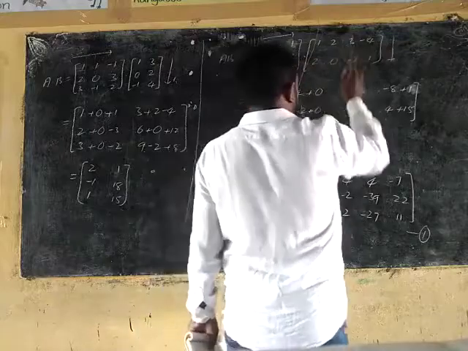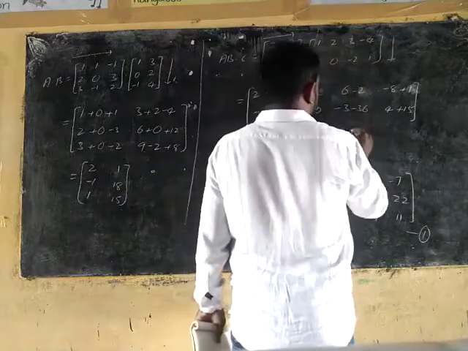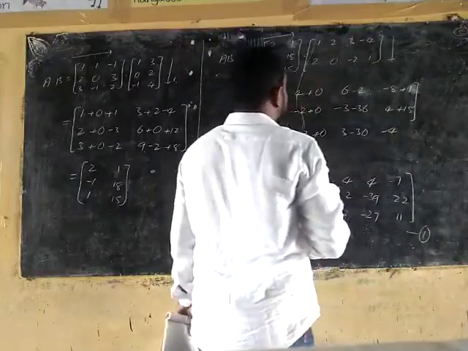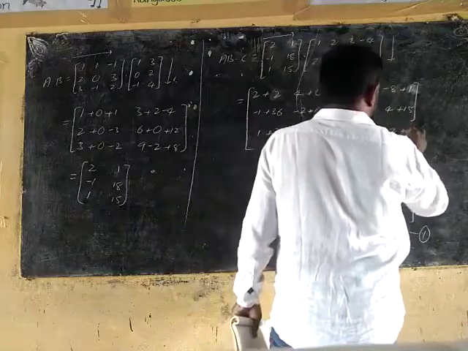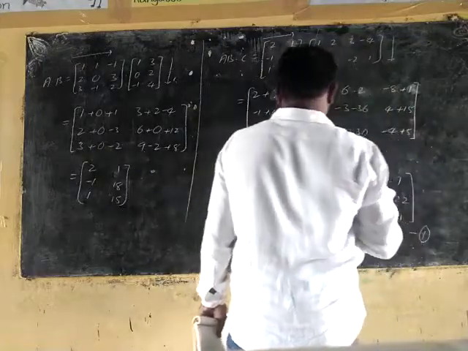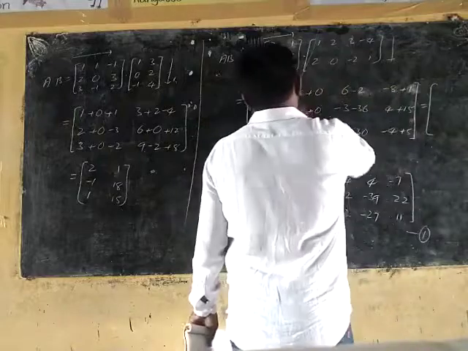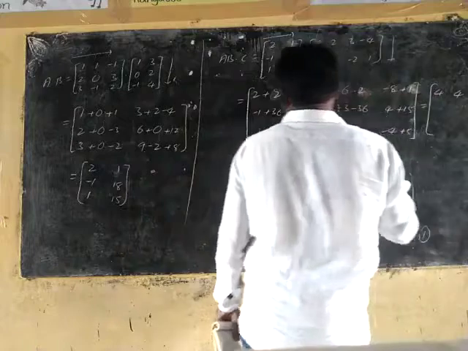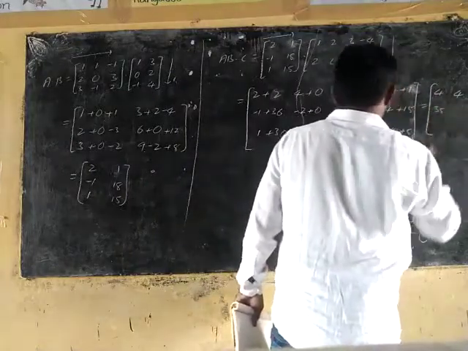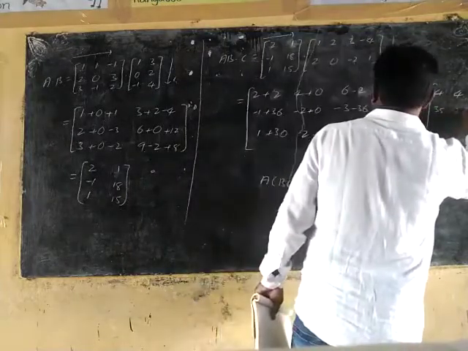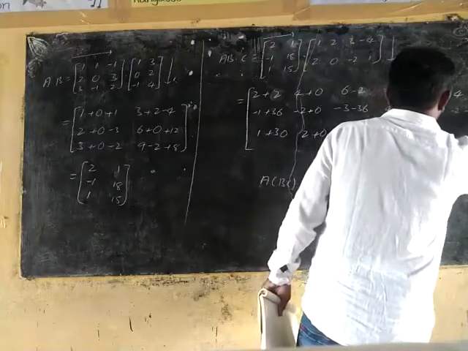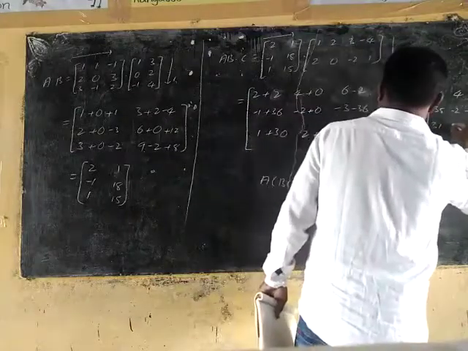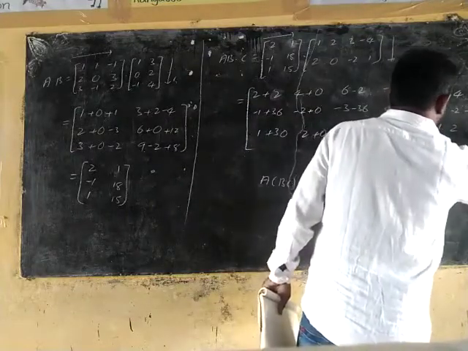Next, 1 into 3, 3. 15 into minus 2, minus 30. Next, 1 into minus 4, minus 4. Next, 15 into 1, 15. This result matrix you see: 2 plus 2, 4, next 4, this one minus 7, plus 35, minus 2, minus 39, next 90, next 31, 2, minus 27, 1.